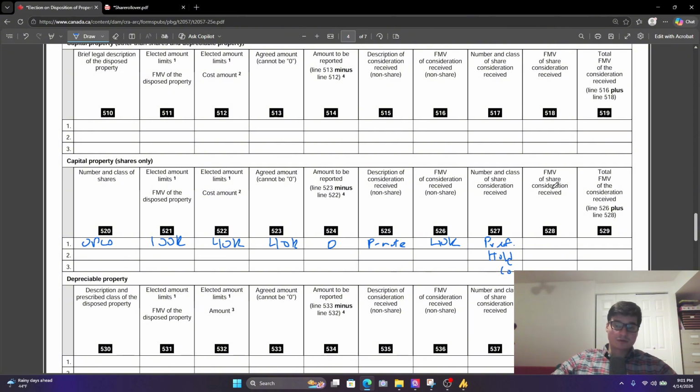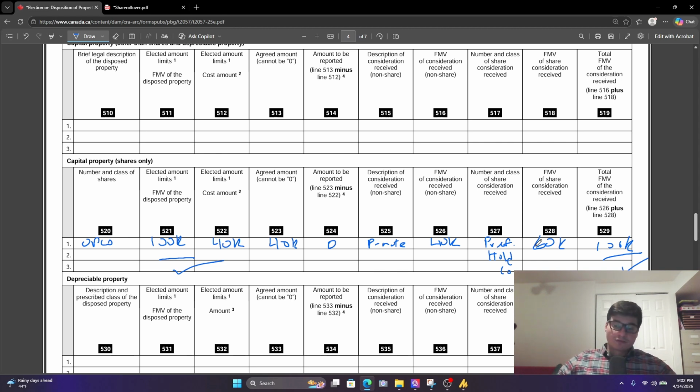So our fair market value of the consideration received for the share has to be 60,000 because they have to be equal. So 526 plus 528 is 100,000. And both of these have to be equal in order to be correct, okay? So we're getting non-share consideration of 40,000 and share consideration of the preferred shares at 60,000.